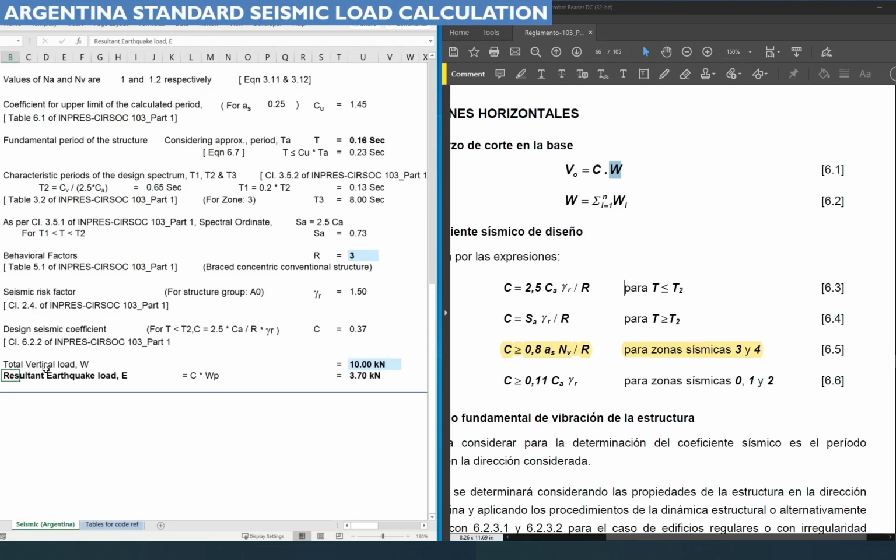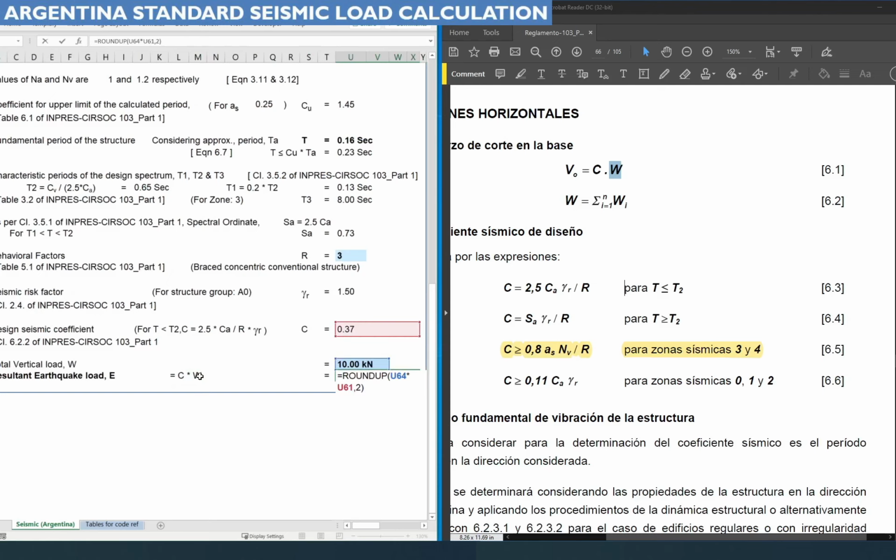So it depends upon the requirement of the project and the structure design. Here I have assumed 10 kilonewton as the total vertical load. Then finally I am getting my resultant earthquake load E as C into W, which is 3.7. So this is 37% of the total weight.